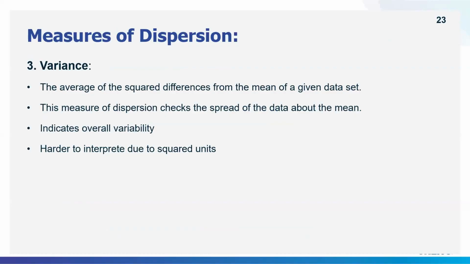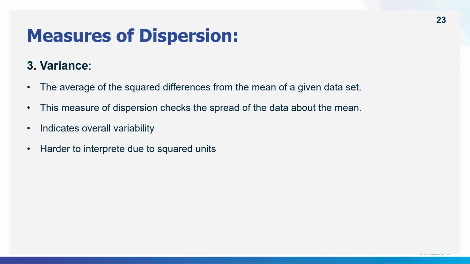Now we see the variance, which is the average of the squared differences from the mean of a given data set. It also measures the spread of the data about the mean, and it tells us the overall variability of a given data. But this is harder to interpret due to the presence of squared units.